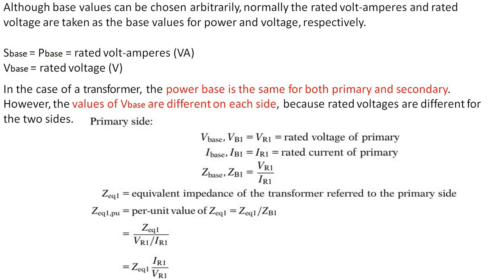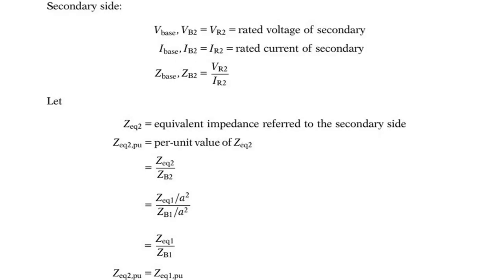Zeq1 per unit is equal to Zeq1 divided by Z base 1, which is Zeq1 divided by VR1 over IR1. On the secondary side, V base VB2 is equal to VR2, the rated voltage of the secondary, IB2 is equal to the rated current of the secondary, then Z base ZB2 is equal to VR2 divided by IR2.